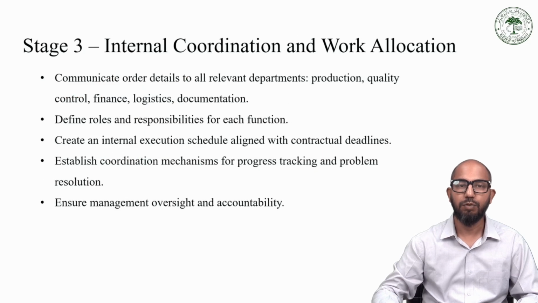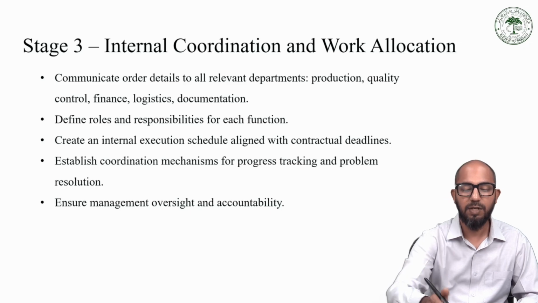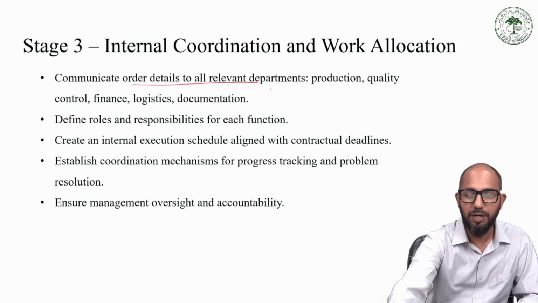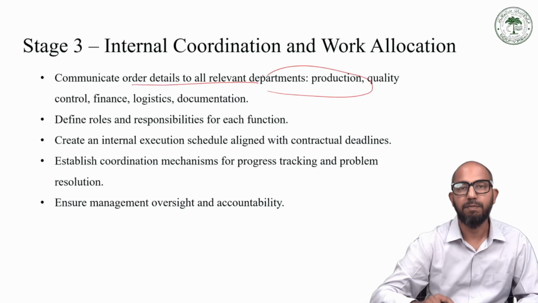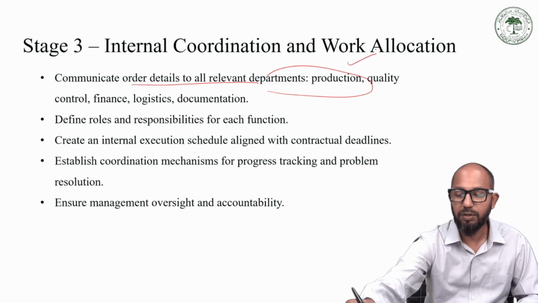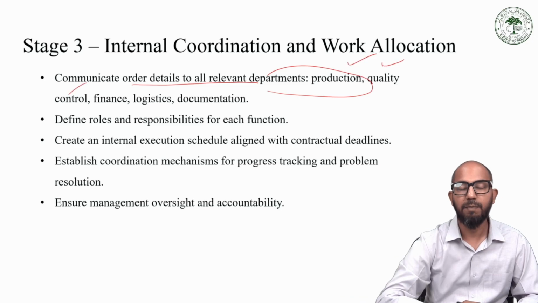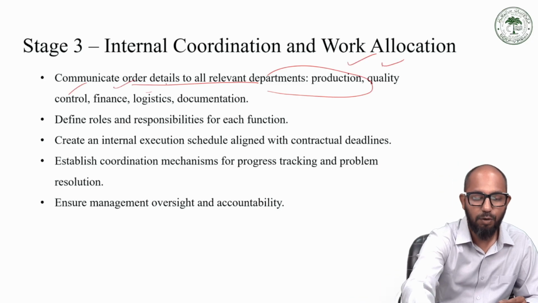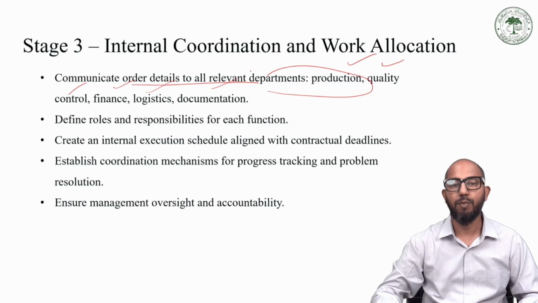Let us move on to the third stage. The third stage is about internal coordination and work allocation. Under this stage, the responsibility is to communicate order details to all relevant departments, such as production, quality control department, finance department, logistics department, and documentation department.